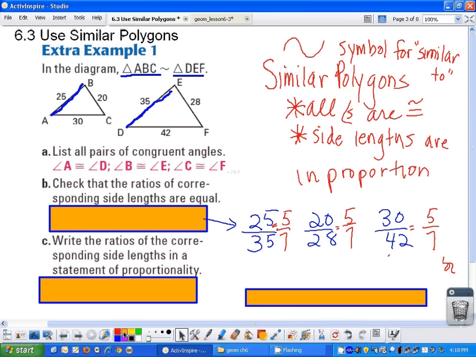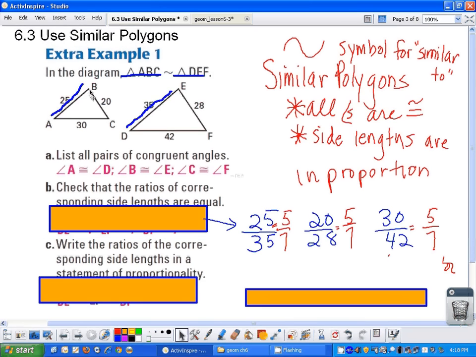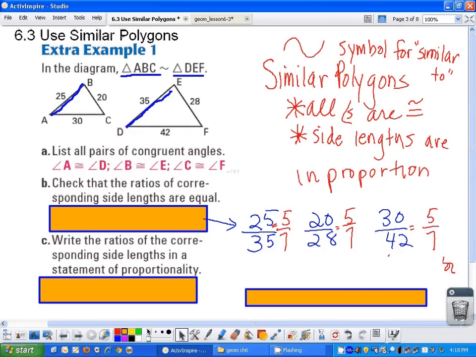So that would be written as 20 is to 28. And then that should also equal this third pair of corresponding sides, 30 to 42.